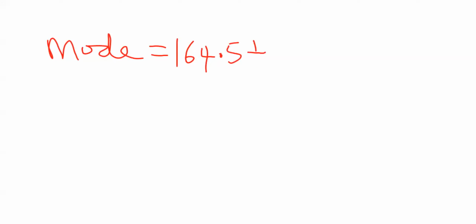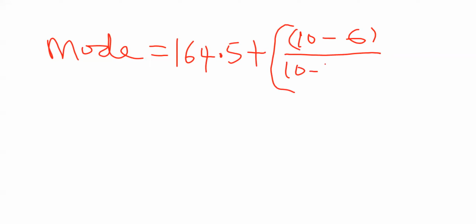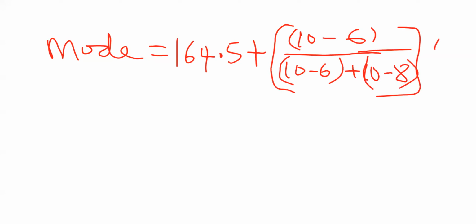So calculation will go towards mode: L1, 164.5, plus 10 minus 6, that's the pre-modal, over 10 minus 6 pre-modal plus 10 minus 8, that's the post-modal, then times 5.